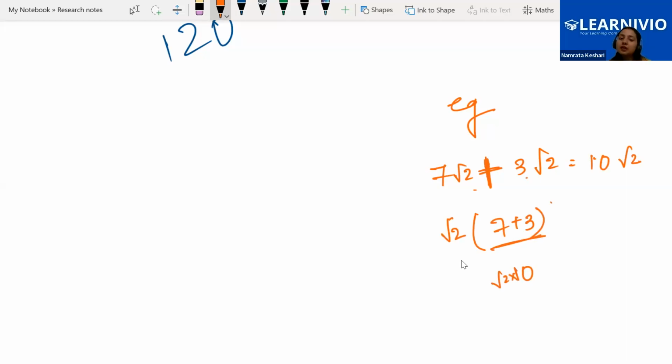Okay, this is how we can do the calculation when we are having root 2. You can also understand it this way. 7x plus 3x will be what, Alvina?